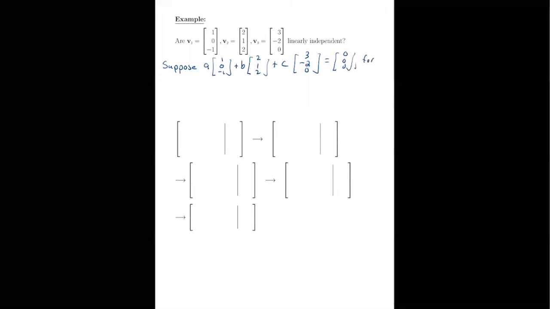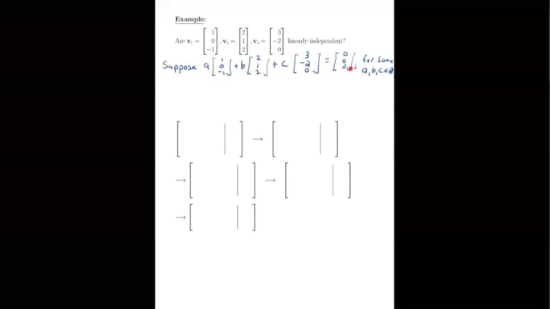And this will be for some A, B, and C in the real numbers. So some scalars A, B, and C. So we will suppose that we have a linear combination of these vectors equal to the 0 vector. And now we want to know how many solutions this system has. Do we have only the trivial solution, or does there exist a non-trivial solution?